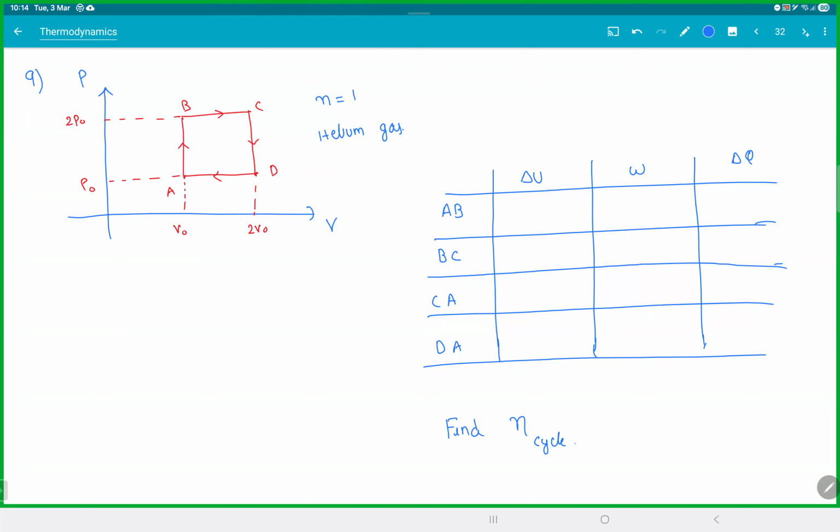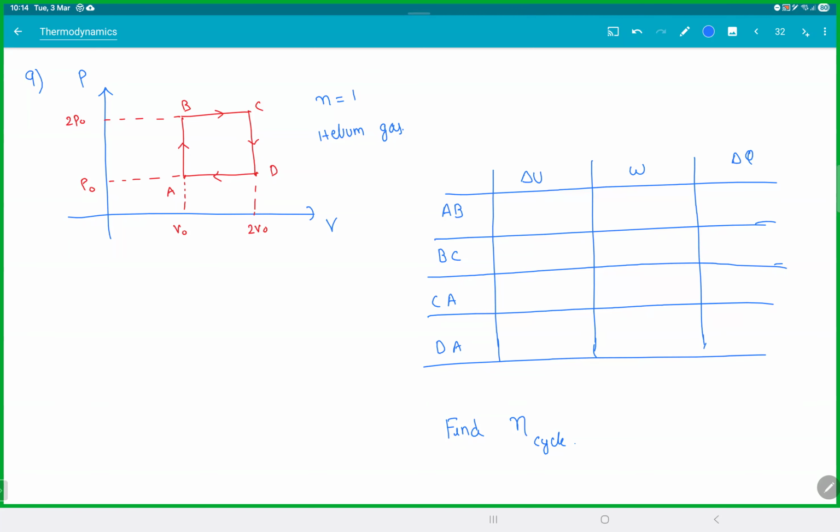Try, everyone, I'll give you 3 minutes. Fill up the table. And luckily, if you see here, everything is only isobaric and isochoric process. So you really don't have any weird processes here. Try. Give me the efficiency answer because you can't tell me the table. Just type the efficiency answer.